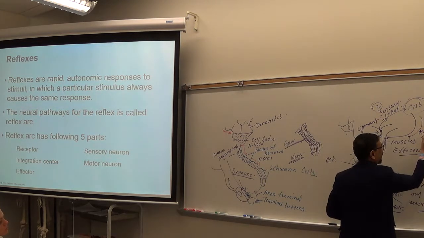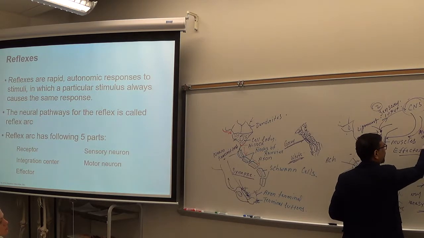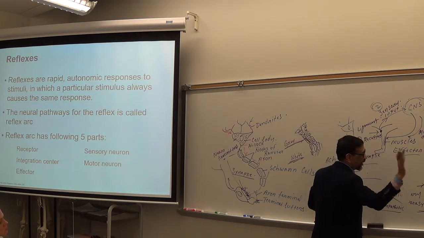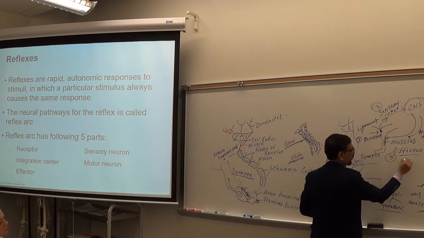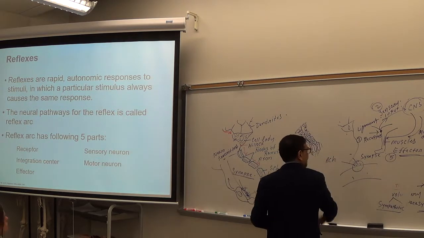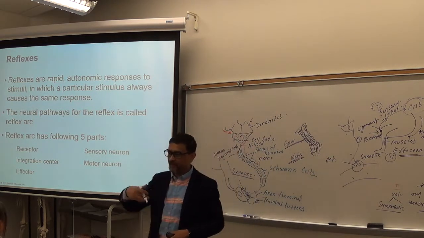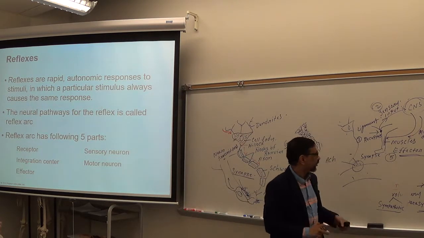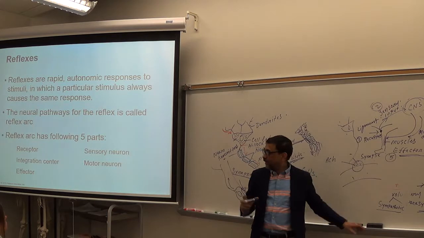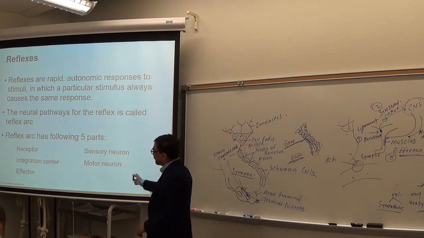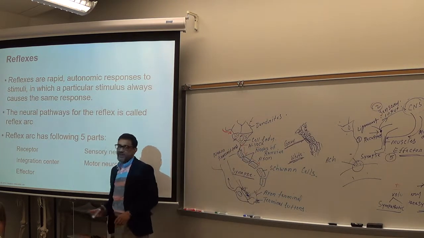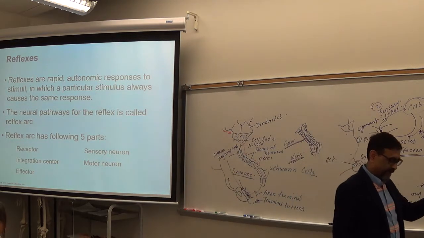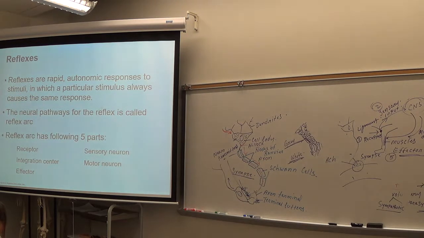Motor output, number four. And the effector is the last one that performs the action, number five. In this case, the action is movement. So those are the five components or parts of a reflex arc: receptors, sensory input, integration, motor output, and effector.